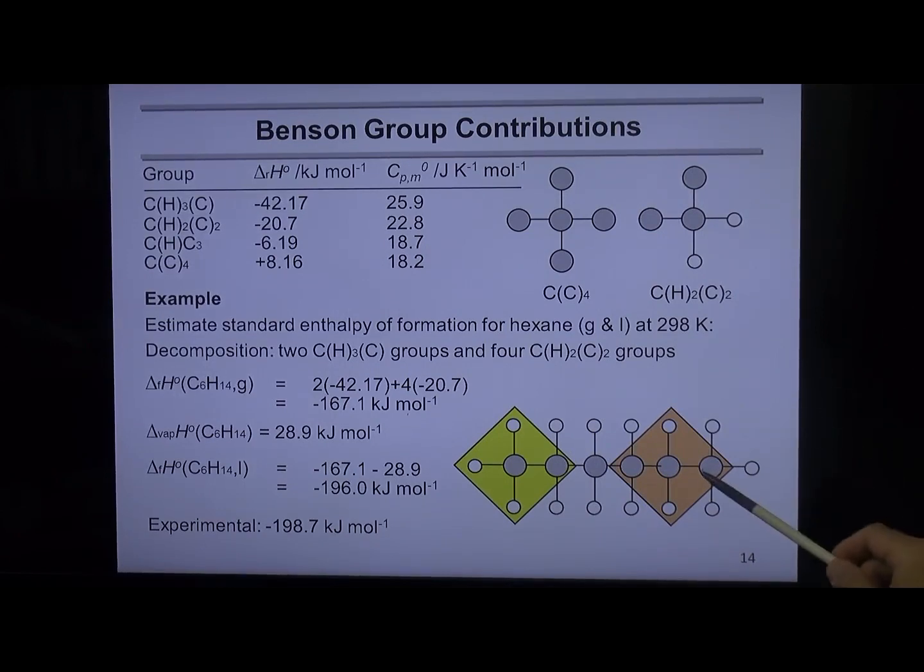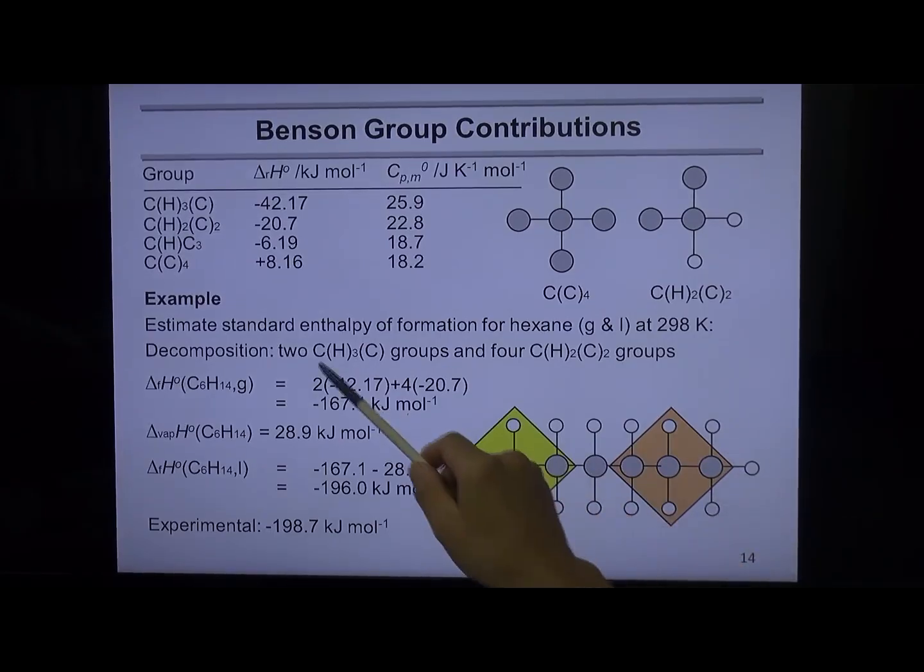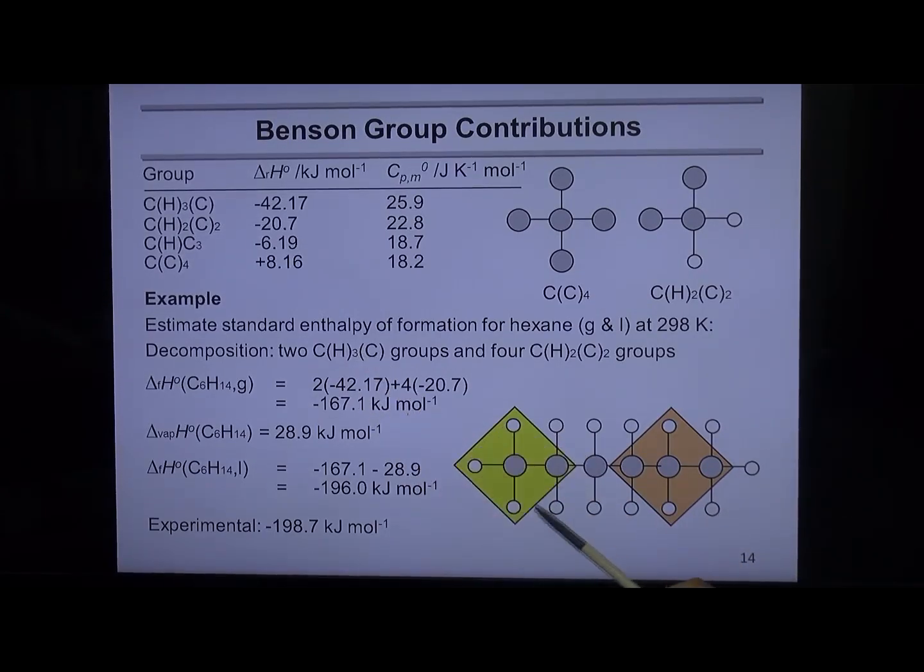If you look at the structure of hexane, as you see here, it has 2 CH3C groups, the left side and the right side, and 4 CH2C2 groups. 1, 2, 3, 4, right? So you sum up all of them.